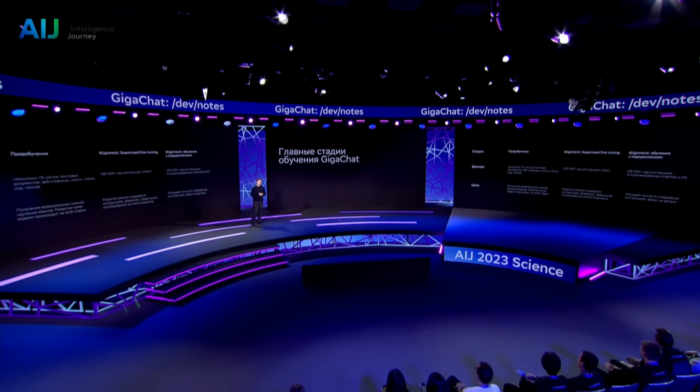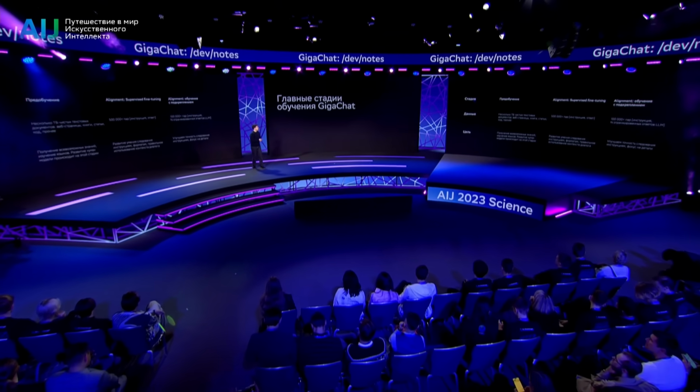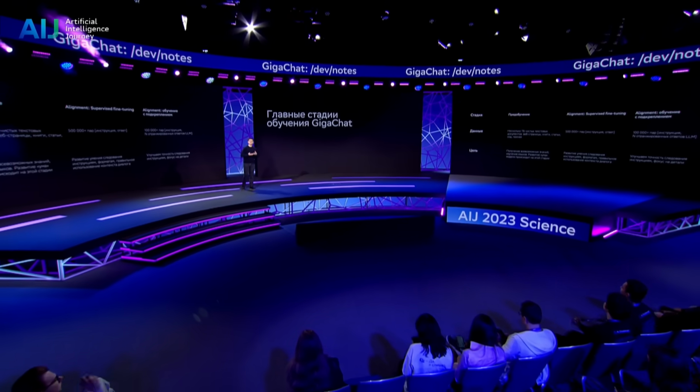We make it learn all these documents. On this stage, GigaChat gets its intelligence, its capability to resolve intellectual problems, to provide factual information. It learns the languages, and basically, this is the stage where we develop its intellect.